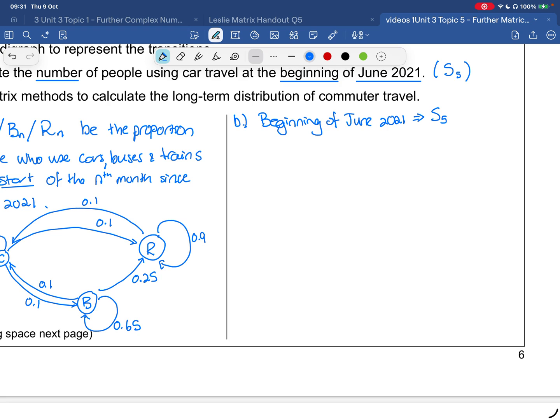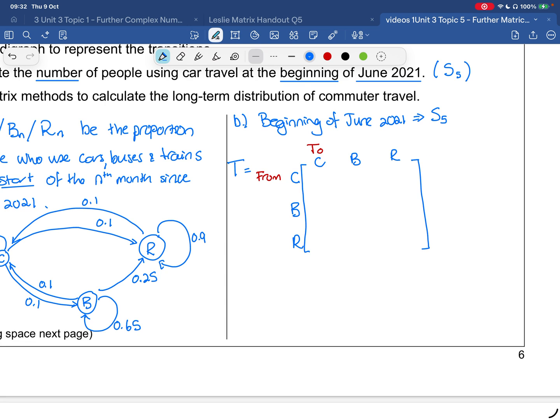So from my diagram, and this is about being consistent, okay, so T, and we're going to write in our from and our to to make sure that we're being consistent here. We've got C, B, R, and C, B, R. And we're talking proportions here.